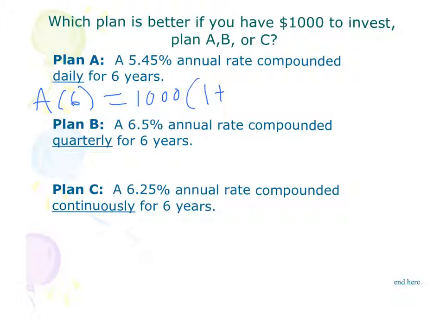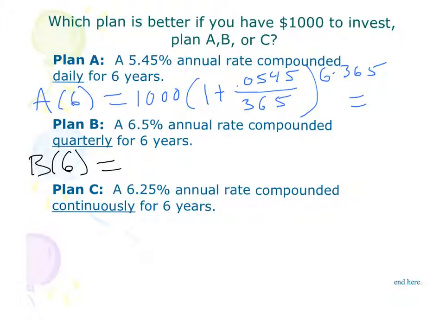Notice this is not a continuous model. We're not using base e. We're taking 0.0545. That rate has to get divided amongst all 365 days, and then we raise it to the 6 times 365 power. Whatever value we get for that, that's how much that investment would be worth after 6 years.